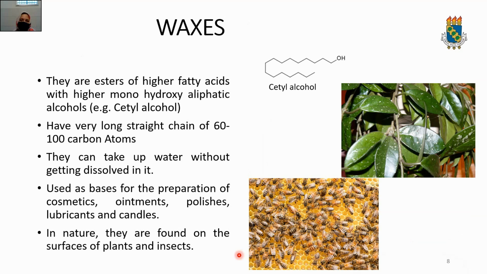Now the second category of the simple lipids is waxes. These are also esters of higher fatty acids with higher monohydroxy aliphatic alcohol, mostly in the form of cetyl alcohol. This is the structure of cetyl alcohol, and they have very long straight chains of hydrocarbons attached to this alcohol moiety, and the number of carbons ranges from 60 to 100.